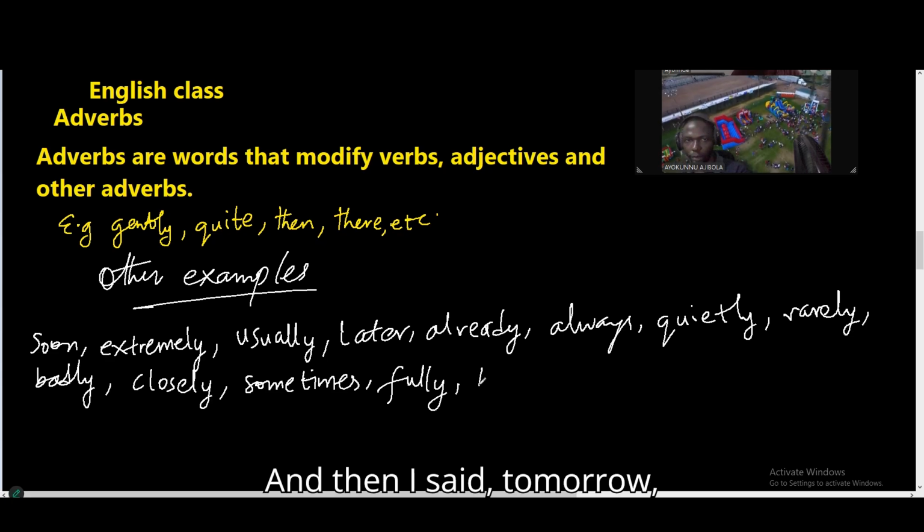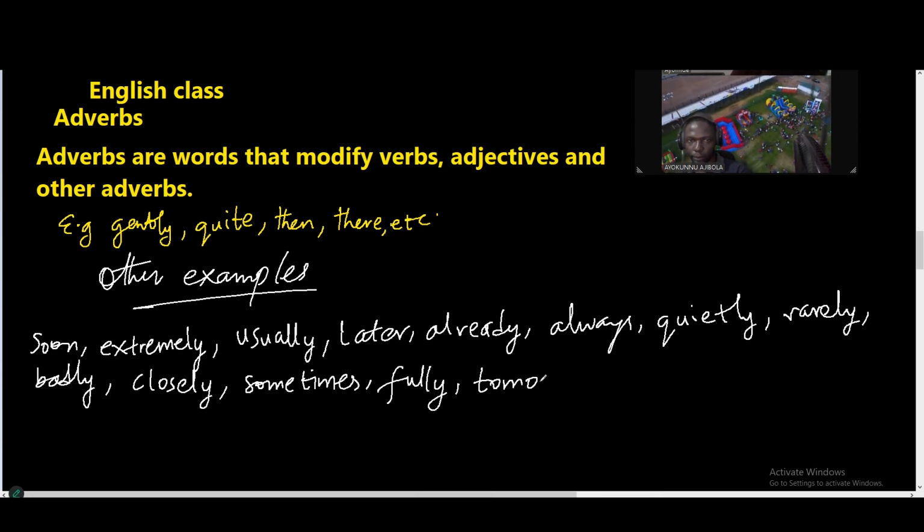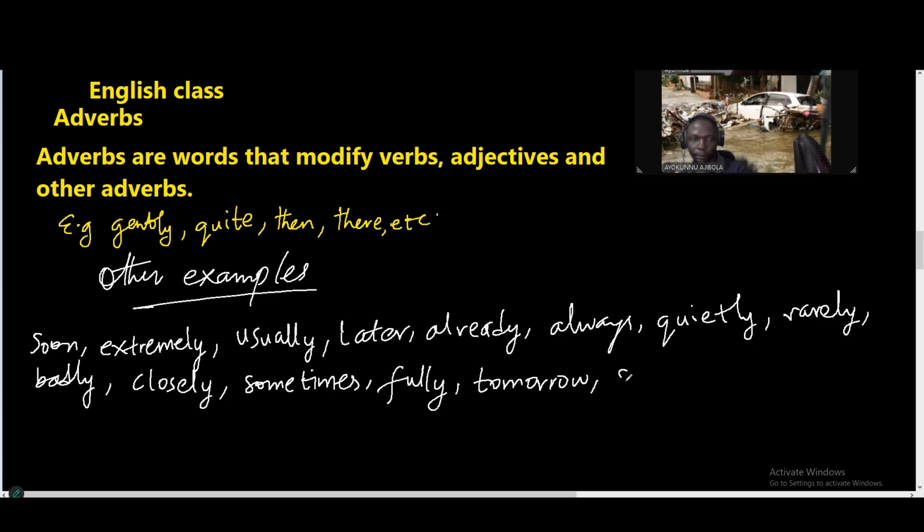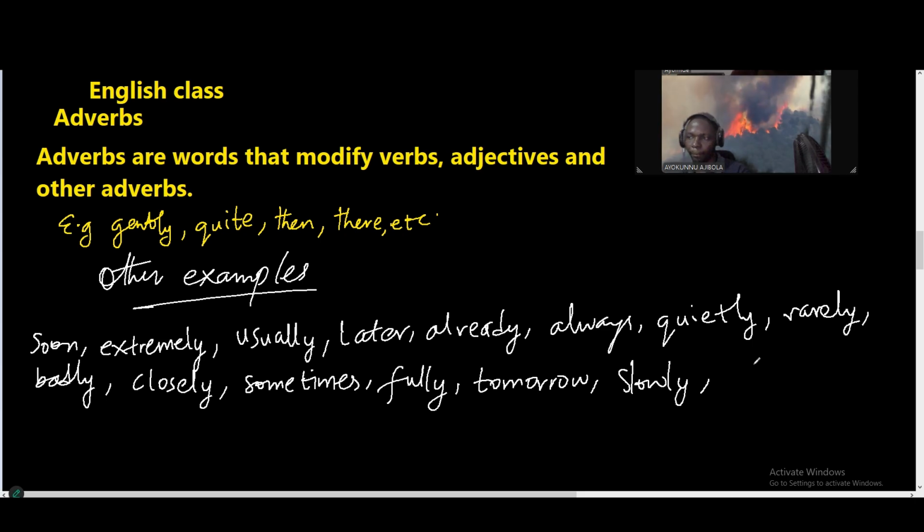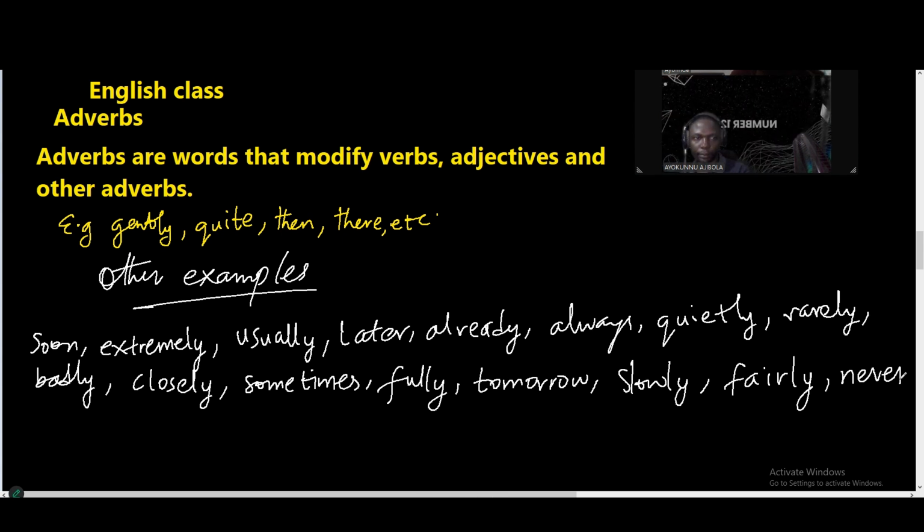Then I say tomorrow, slowly, fairly, never.